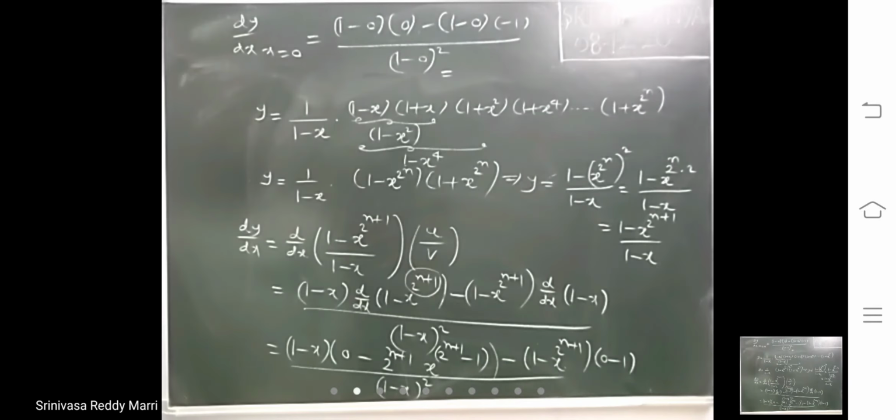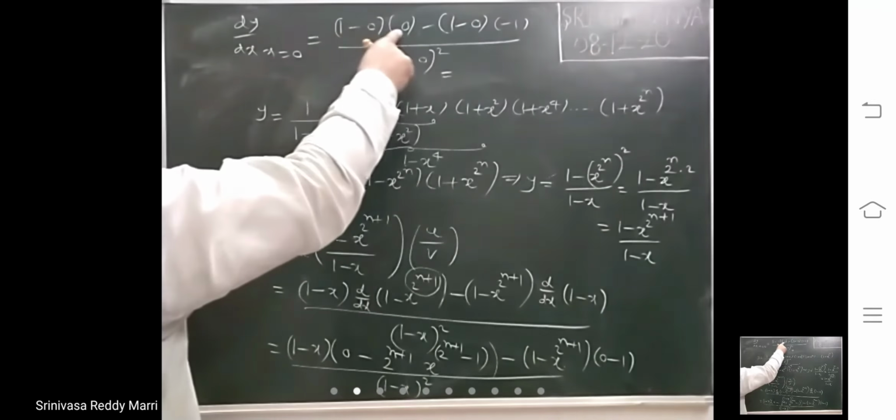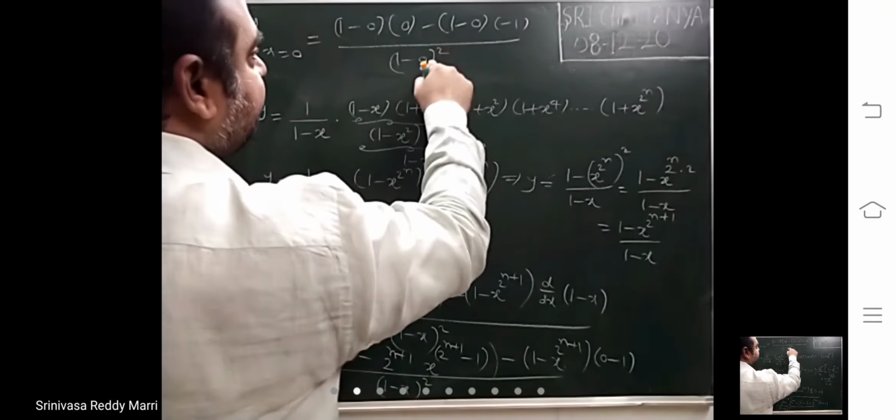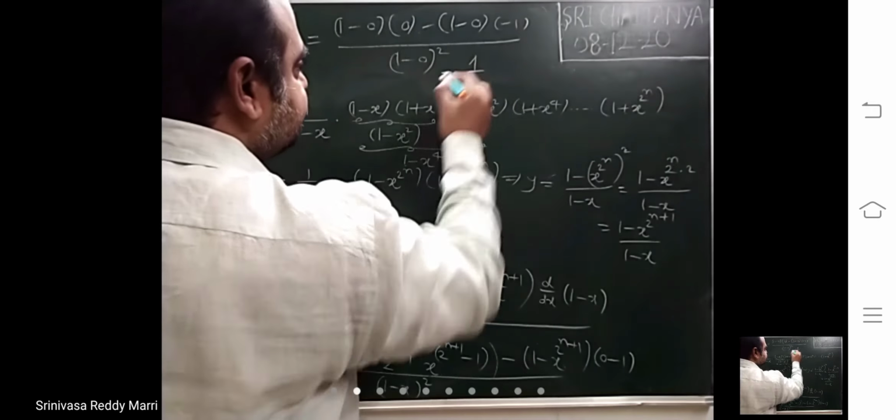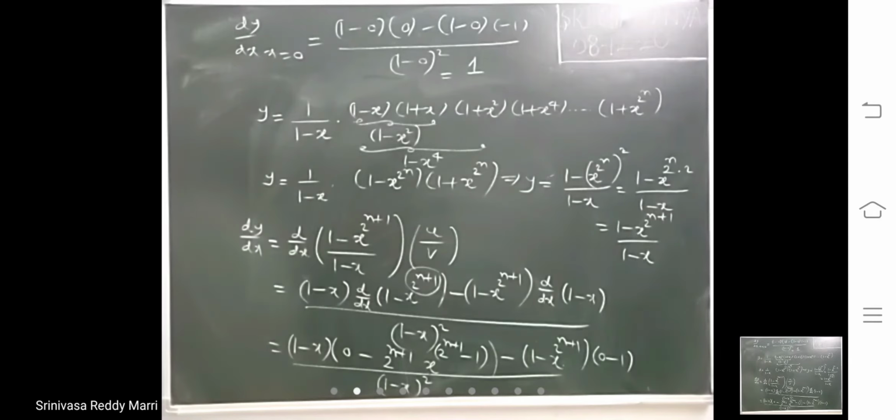So this is 0, so this is 1 divided by 1. So the answer is 1. Like that, given functions, simplify and do the derivative. Directly you cannot get.